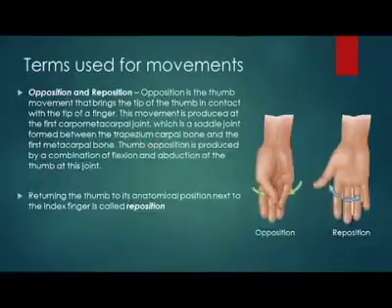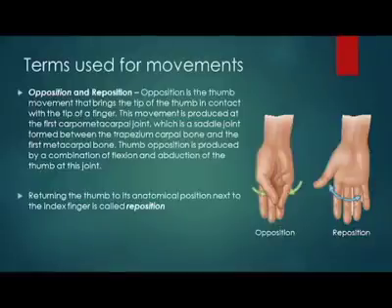Next one is opposition and reposition. Opposition of the thumb is the movement that brings the tip of the thumb in contact with the tip of a finger. This movement is produced at the first carpometacarpal joint, which is a saddle joint formed between the trapezium carpal bone and the first metacarpal bone.